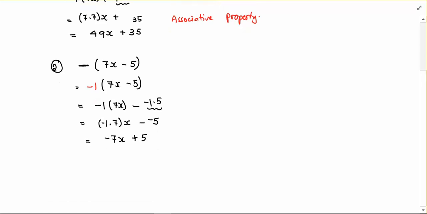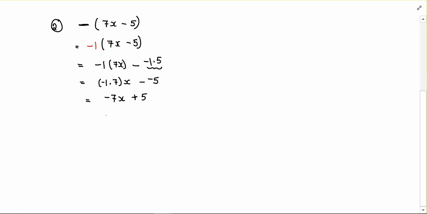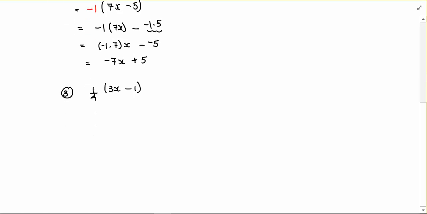Let's do one more, and this time I'm going to use a fraction. So example 3, and this time I'm going to go 1/4 times 3x minus 1, and it's nothing more than the distributive property again, so that's really 1/4 times 3x minus 1/4 times 1.